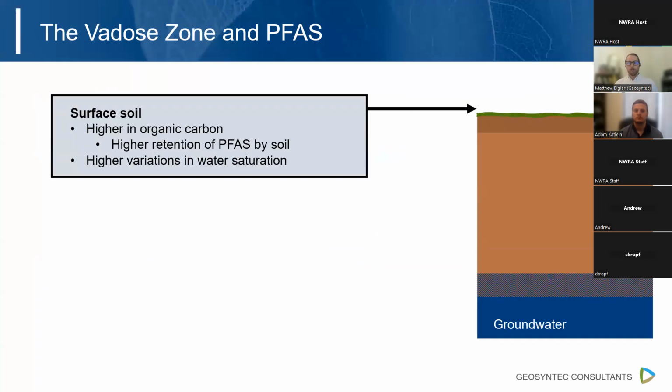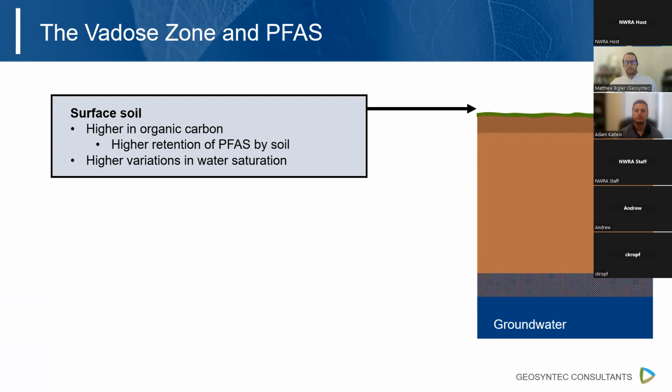So I'm just going to move on and talk about general fluid flow processes in the vadose zone and its interaction with PFAS. So starting at the surface soil, we have a higher organic carbon in the surface soil. So we'd expect to see a higher retention of PFAS by the soil, and we generally do. We also see higher variations in water saturation, right? So you can imagine we have a large rainfall event, we're going to have high saturations near the surface, and then we have really sunny, hot days that follow it, like we do in Tucson.